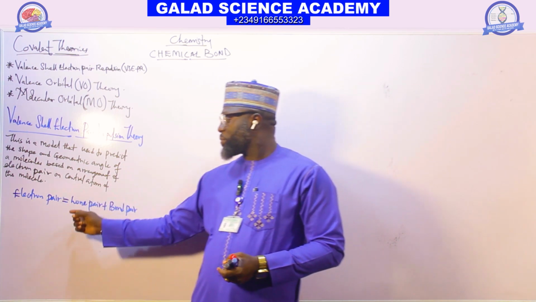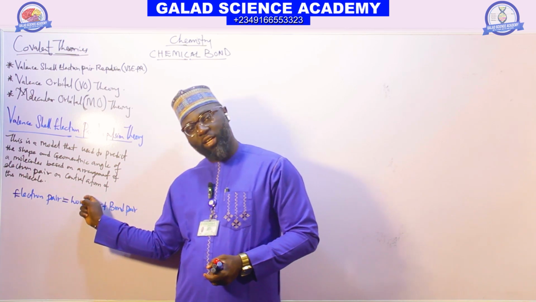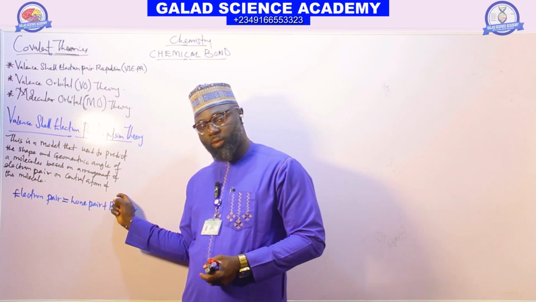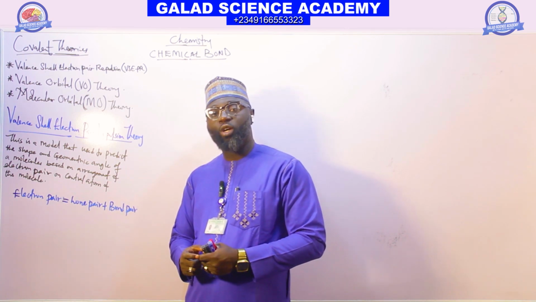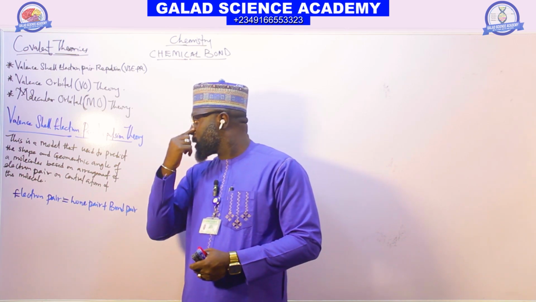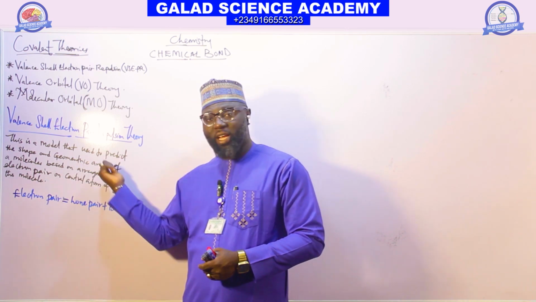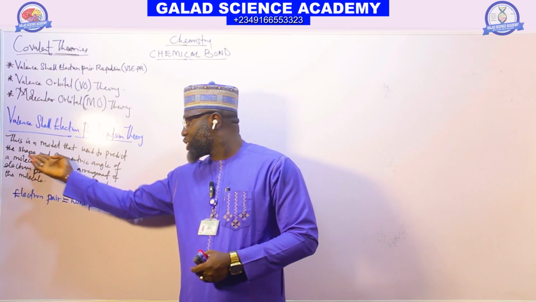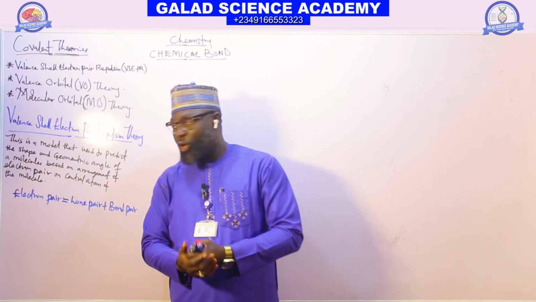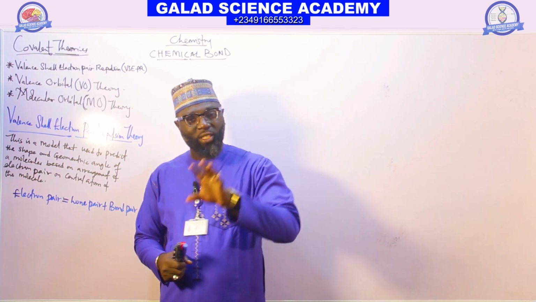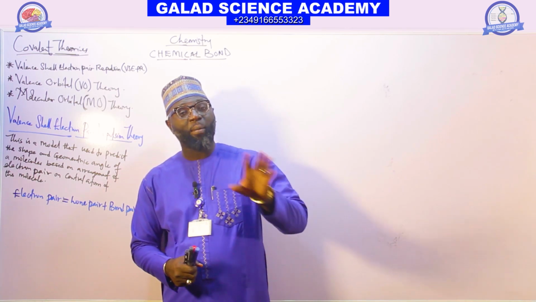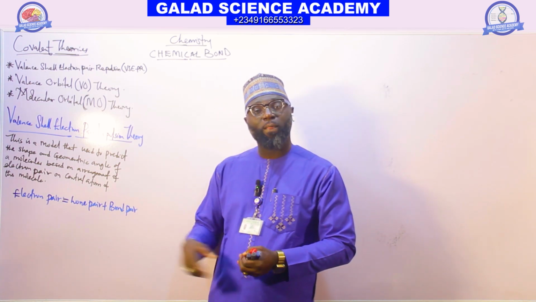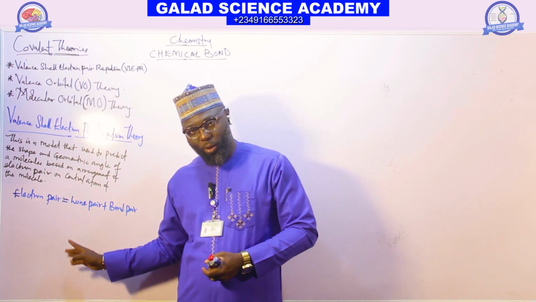Once again, electron pair is the sum of the lone pair of an electron and the bond pair of an electron in the valence shell of the central atom. So this model is used to predict the shape and the geometric angle of a molecule based on the arrangement of electron pairs in the valence shell of the central atom of the molecule.